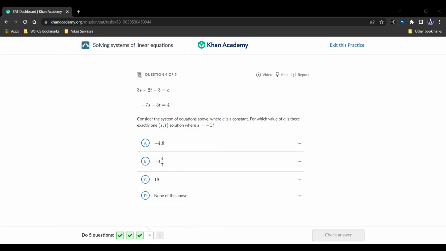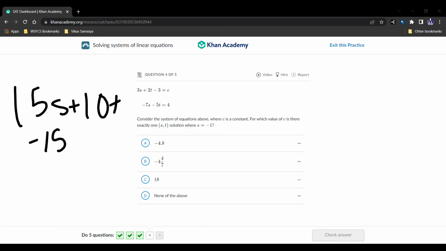Let's try to isolate or cross out the, say, the t's this time, right? So we get 15s plus 10t minus 15 equals c. We're trying to eliminate, so multiply the first one by 5, the second one by 2, minus 14s minus 10t equals 8.